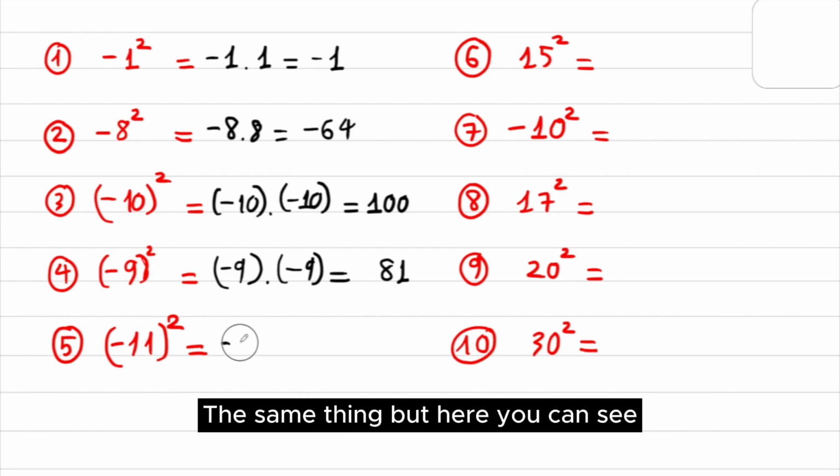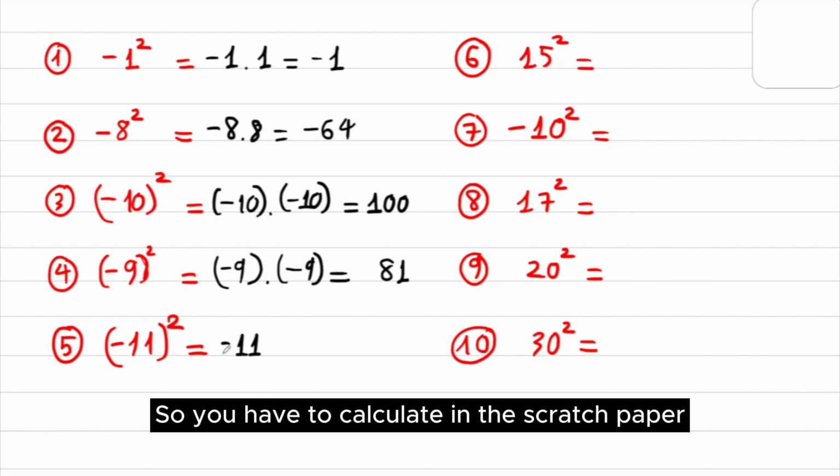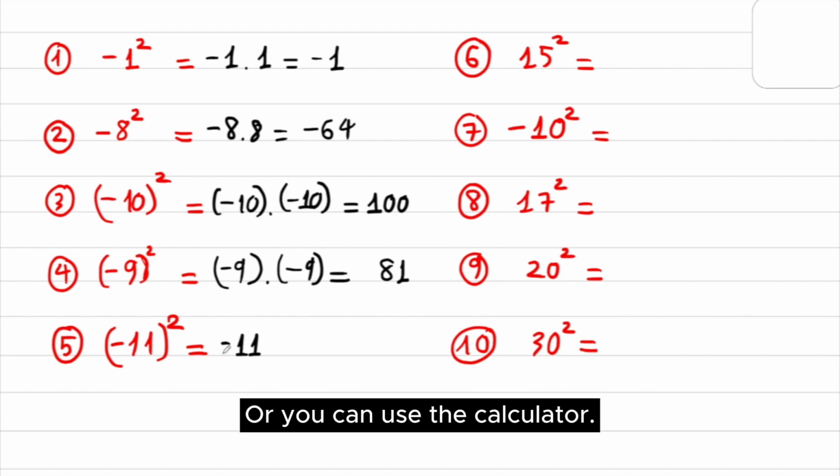Question 5, the same thing, but here you can see the number is larger than 10, so you have to calculate on graph paper or draft paper, or you can use your calculator, but I think you should calculate by yourself. Okay.